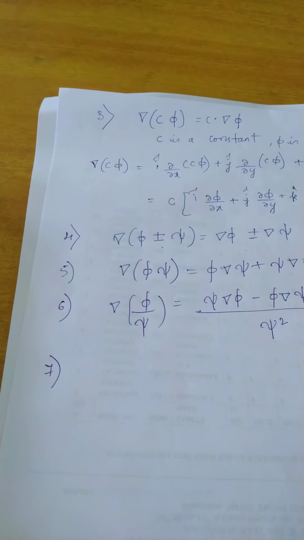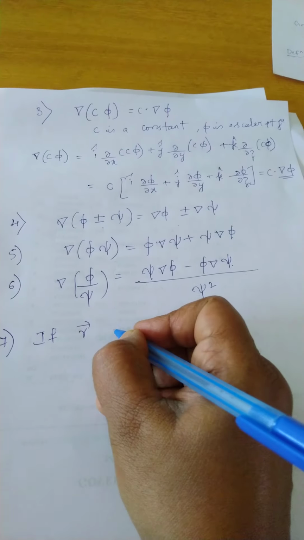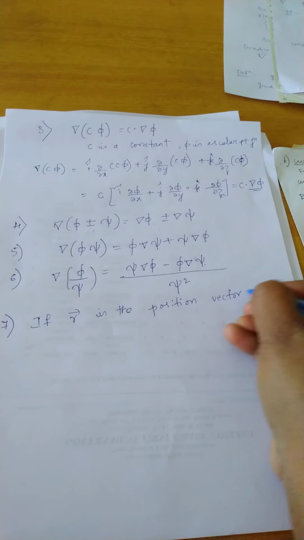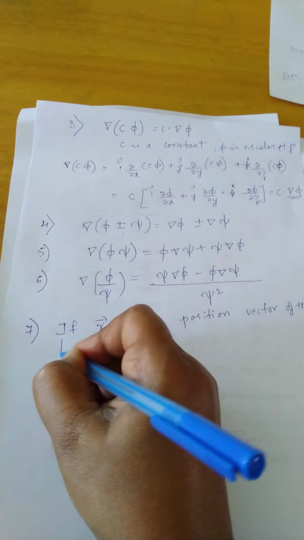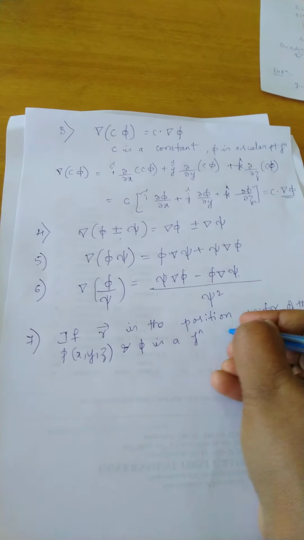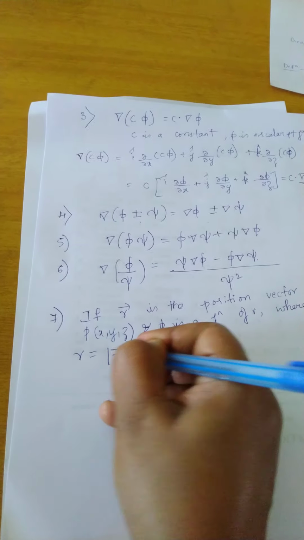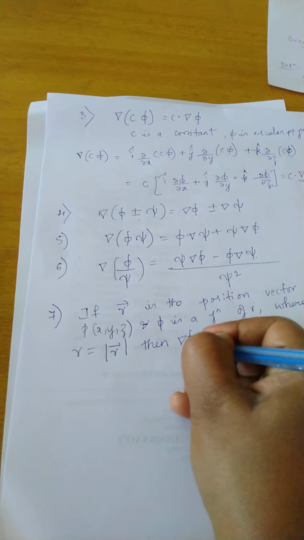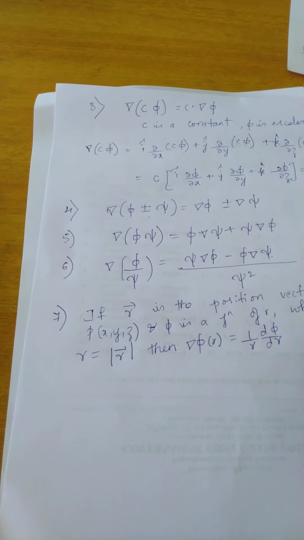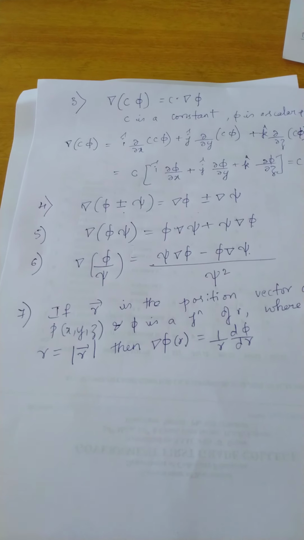The 7th one will be, you're going to prove that if R vector is the position vector of the point P of x, y, z, and phi is a function of R, where R is equal to modulus of R vector, then grad of phi of R will be 1 by R into d phi by dR.